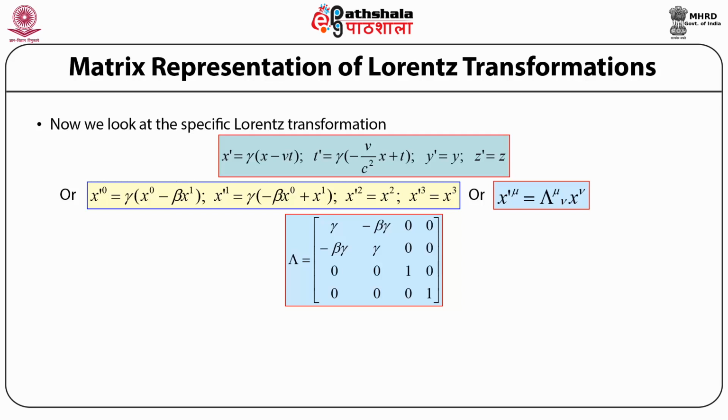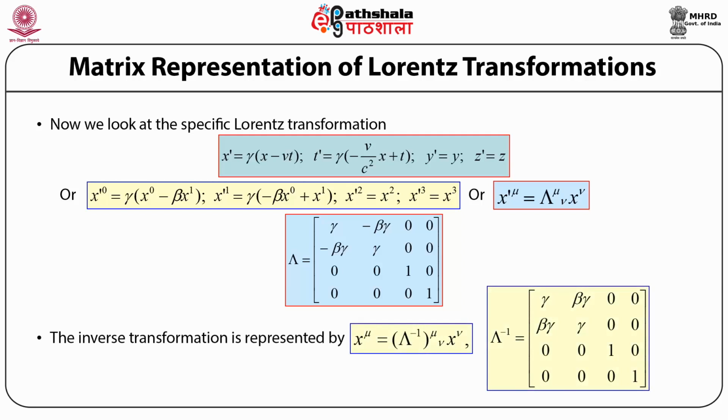It's a mixed rank 2 tensor and is given by a 4 cross 4 matrix whose first row components are gamma, minus beta times gamma, 0, 0. Second row components are minus beta times gamma, gamma, 0, 0. Third row components are 0 0 1 0 and the fourth row components are 0 0 0 1.